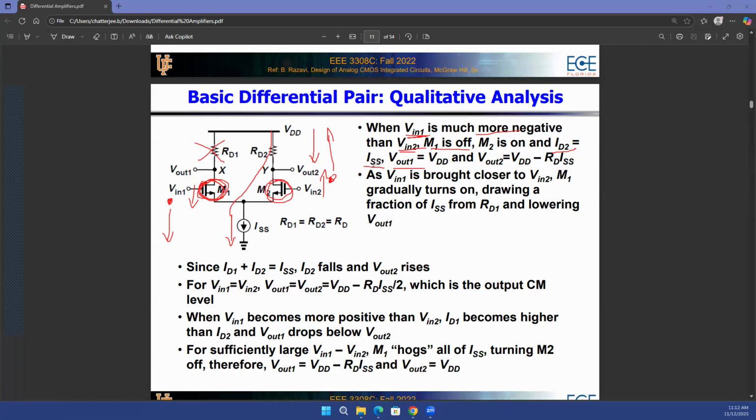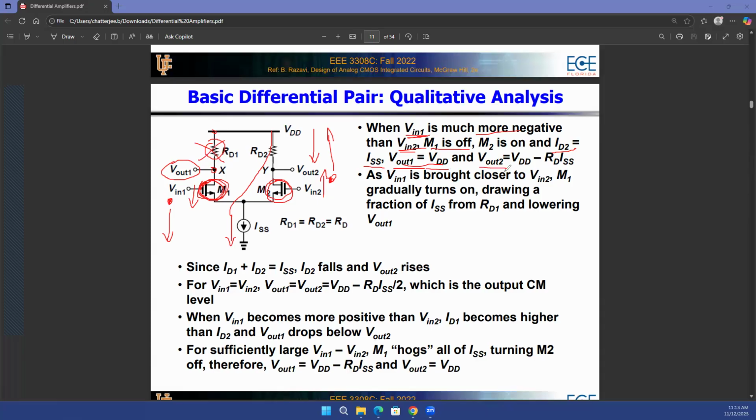Vout1, how much will be Vout1? This voltage over here, the left side branch's output voltage. Because there is no current, there will be no voltage drop across the RD1 resistor. So what is the voltage on the top of RD1? It's VDD. Because there is no voltage drop, as there is no current, the bottom of RD1 will also be at VDD. So Vout1 will be equal to VDD.